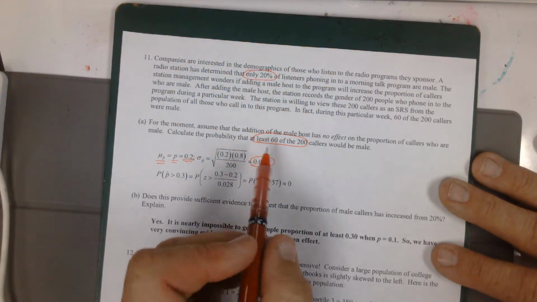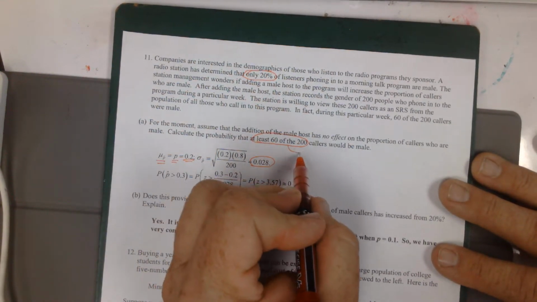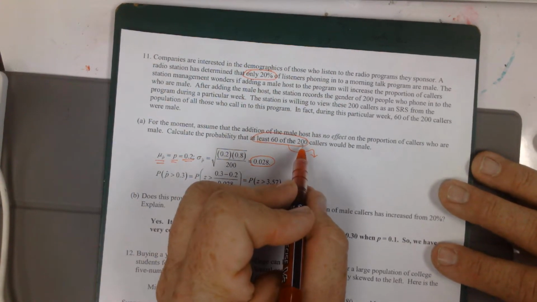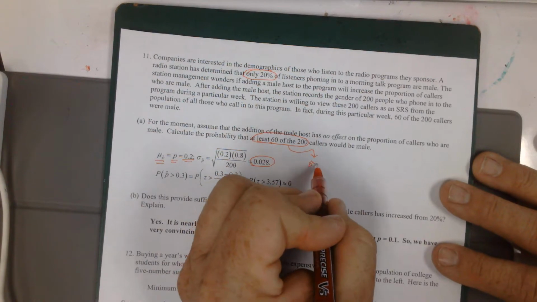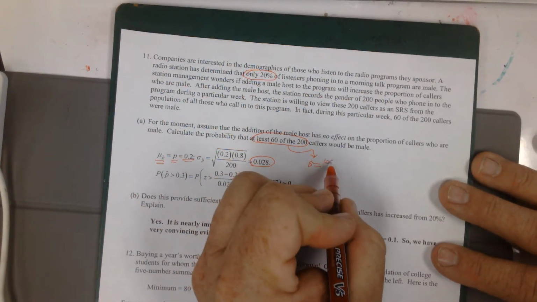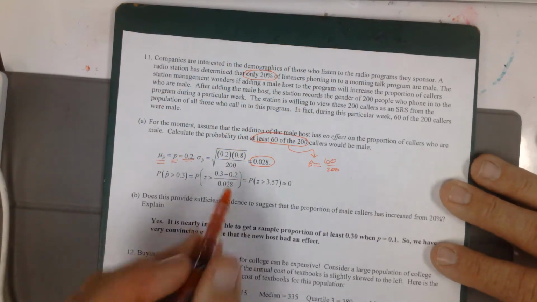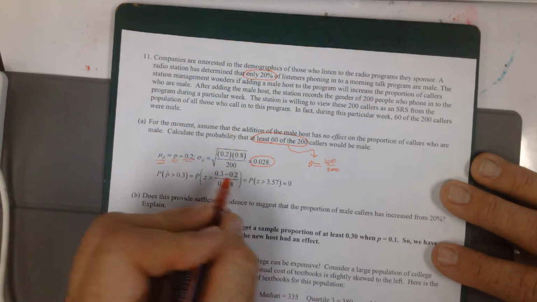Now from there, I've got to use what I'm looking for. Calculate the probability. This is going to be my stat. I sampled something. I sampled 200 callers and I got 60 out of 200. So I know my p hat is equal to 60 out of 200. Well, if I look at my statistic for z-score, it's statistic minus parameter.